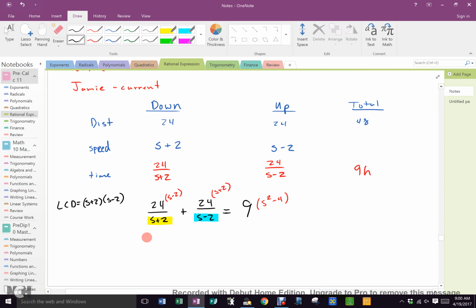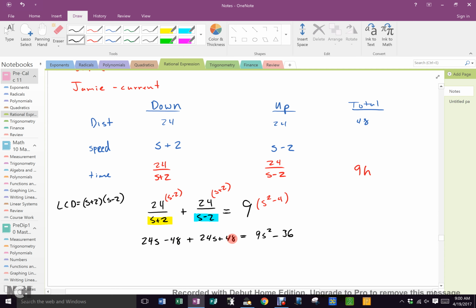What's this? 24S minus 48 plus 24S plus 48 equals 9S squared minus 36. Now what? Do math.